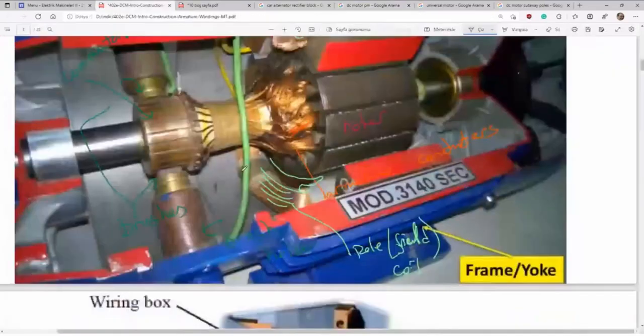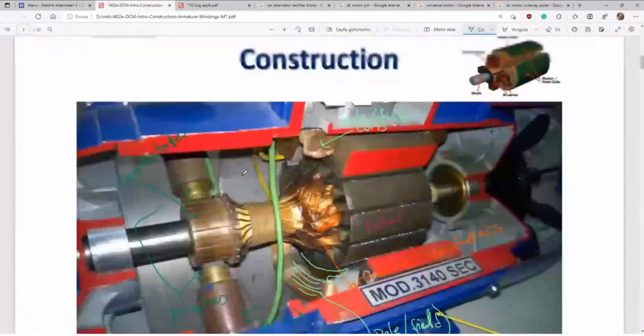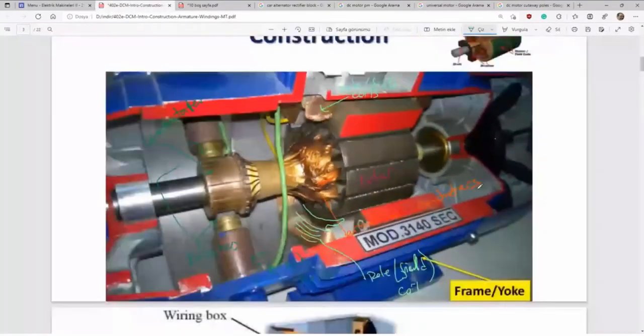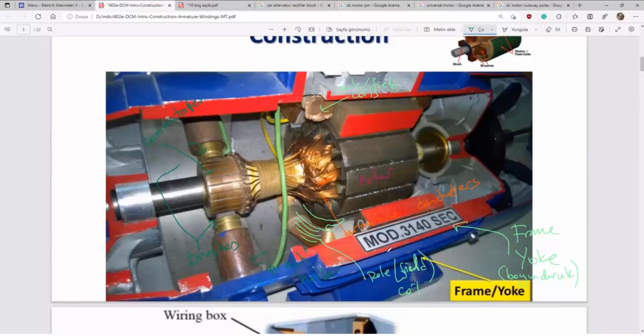We were talking about the design. You see the yoke. Let me write it down here. This is the frame or yoke. In Turkish, boyunduruk. The piece connecting the poles. And it must be ferromagnetic. It must be as cheap as possible.